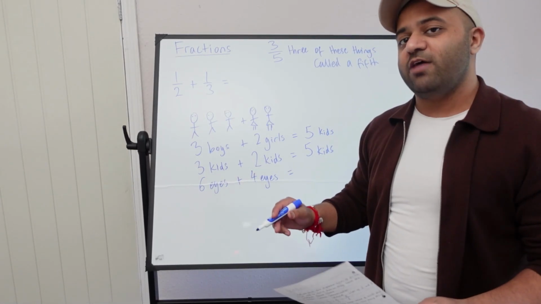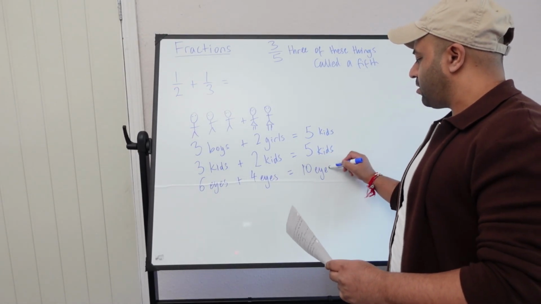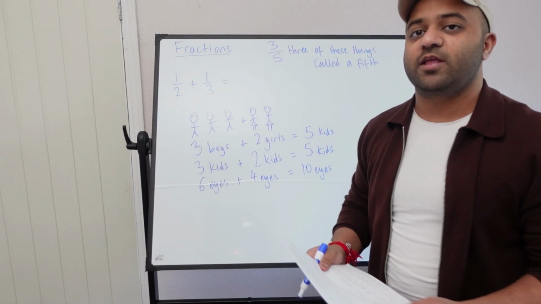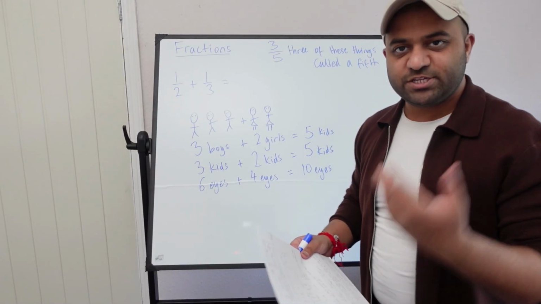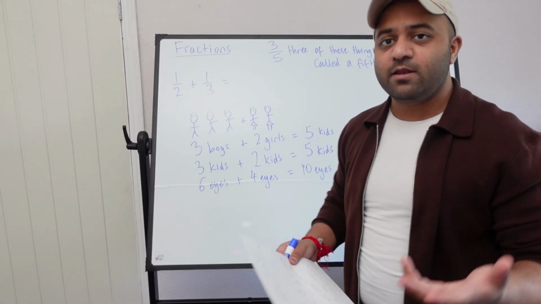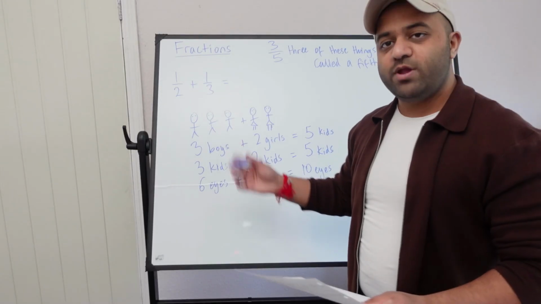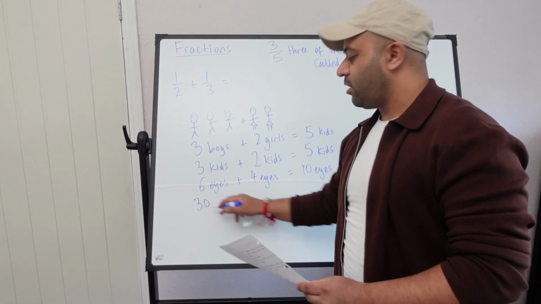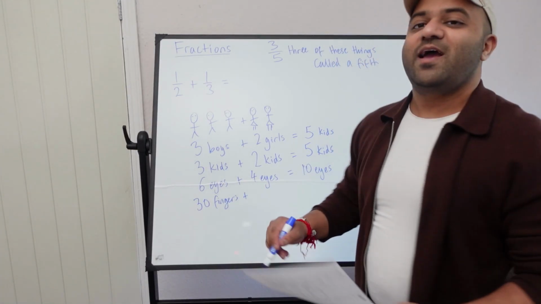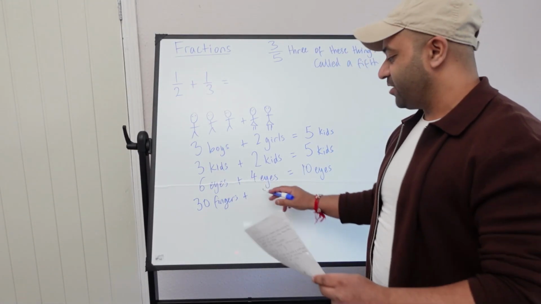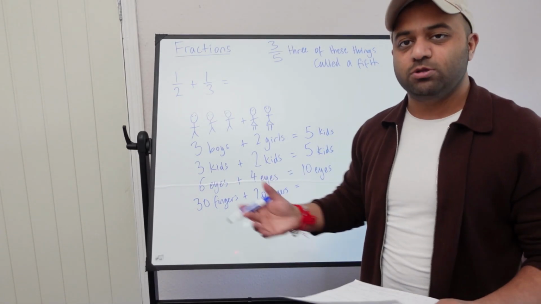So we could add them together to have 10 eyes. Let's do another example, something that there's more than 2 of. So if we pick fingers or digits, there are 10 on a boy and 10 on a girl. Therefore, with 3 boys, there would be 30. I'll just call them fingers, but the thumb technically isn't. And with the girls, 20 fingers. In which case, the total would be 50 fingers.